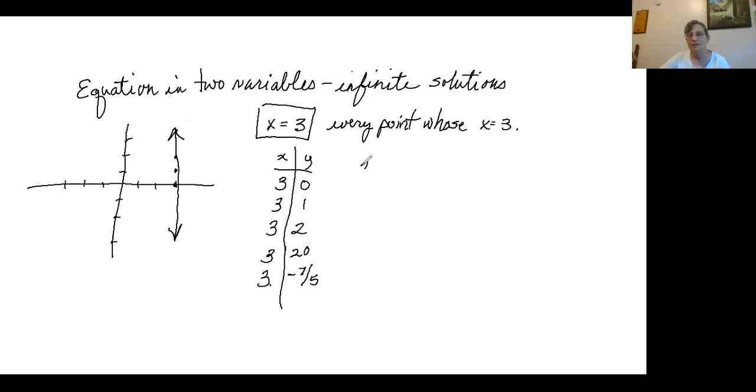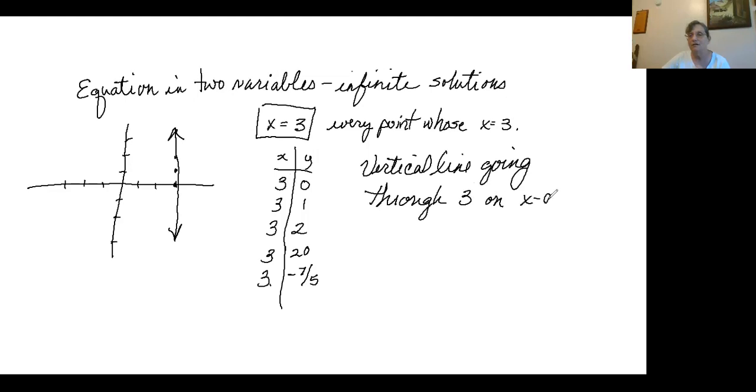So the graph of X equals 3 is a vertical line going through the 3 on the x-axis.